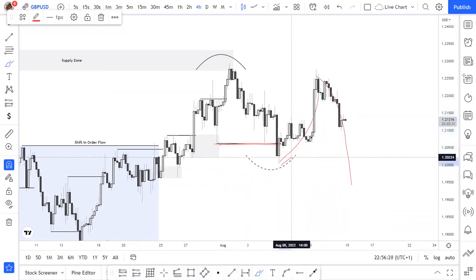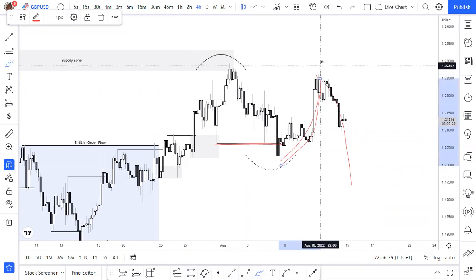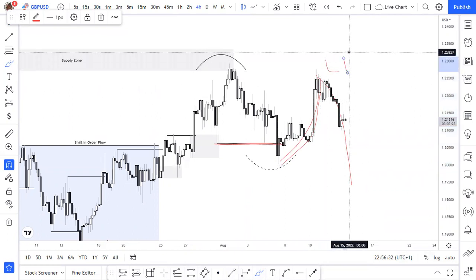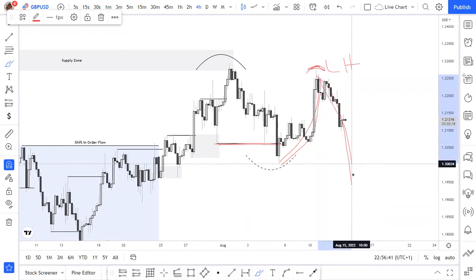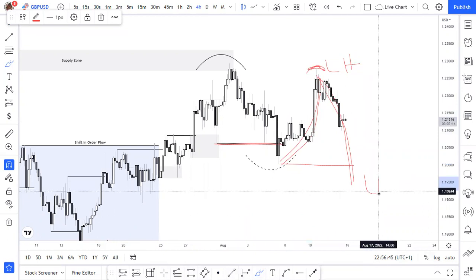So we need to see that pullback. We need to see price from that lower high. And the only time we can confirm this high to be our newly formed lower high is if we get a break and close below this low, making a lower low.